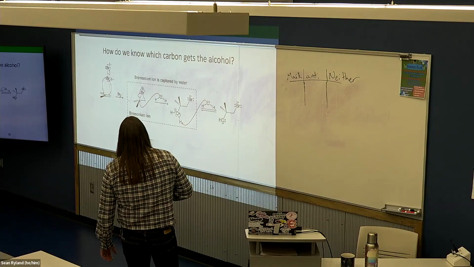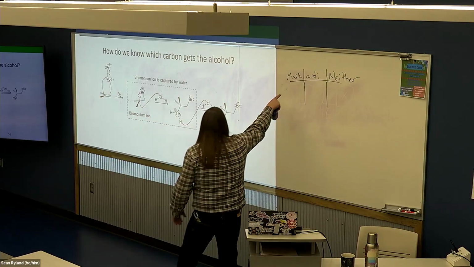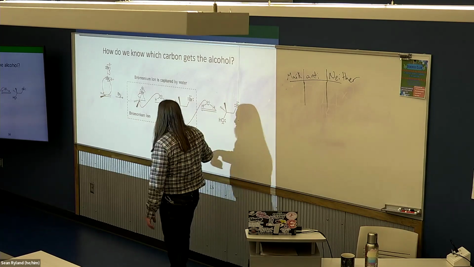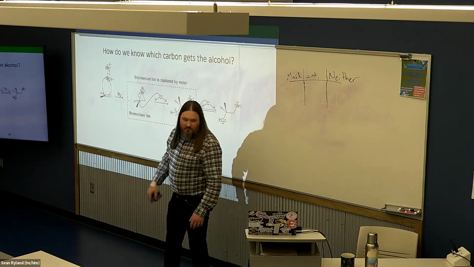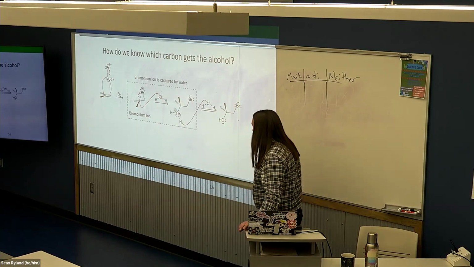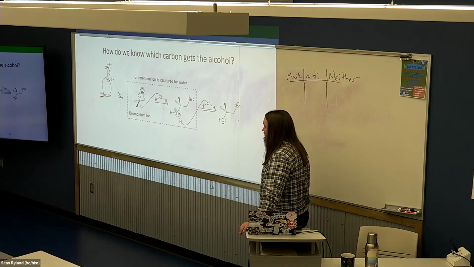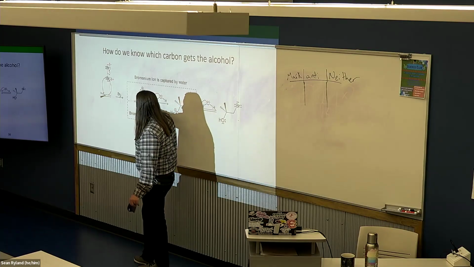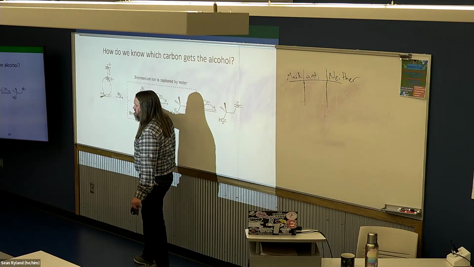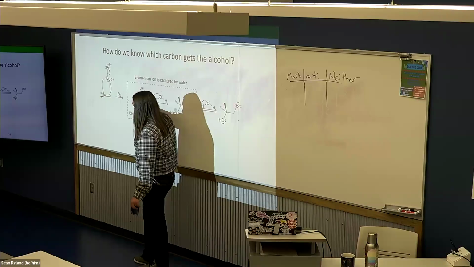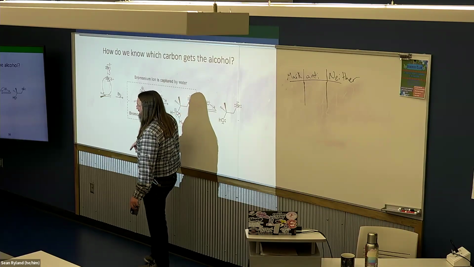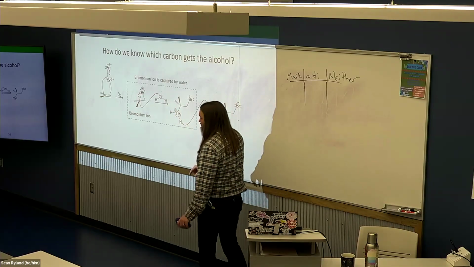So we know which carbon gets the alcohol because it's Markovnikov. The more substituted carbon gets the alcohol because that's what's going to make things most stable. The bond between the bromine and the more substituted carbon is weaker, partly because that carbon is more stable on its own, and partly because of the sterics. But for both, it's the same logic as with the oxymercuration.